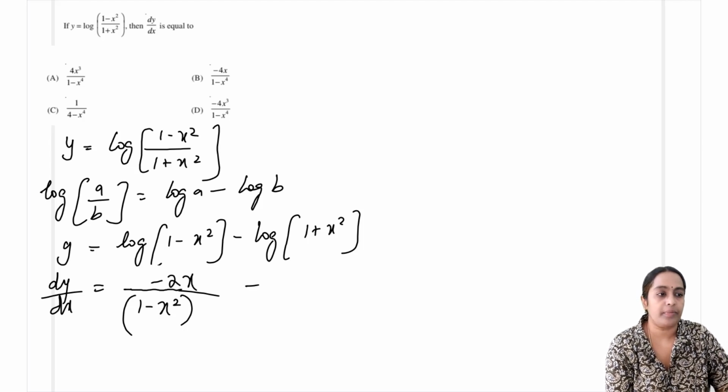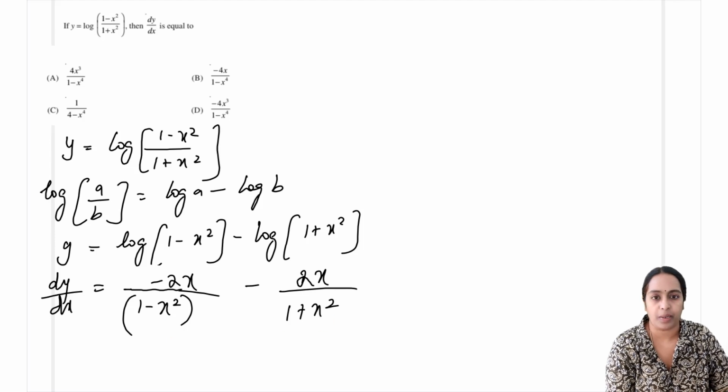Now here, log of (1 plus x square). Again, differentiating log x is 1 by x, so it is going to be 1 by (1 plus x square). When I differentiate 1 plus x square, I will be getting 2x. So the numerator will be 2x. So I have the terms minus 2x by (1 minus x square), and minus 2x by (1 plus x square).